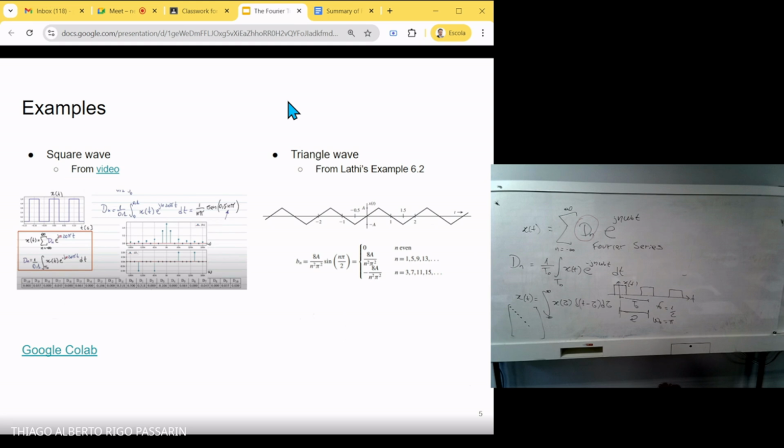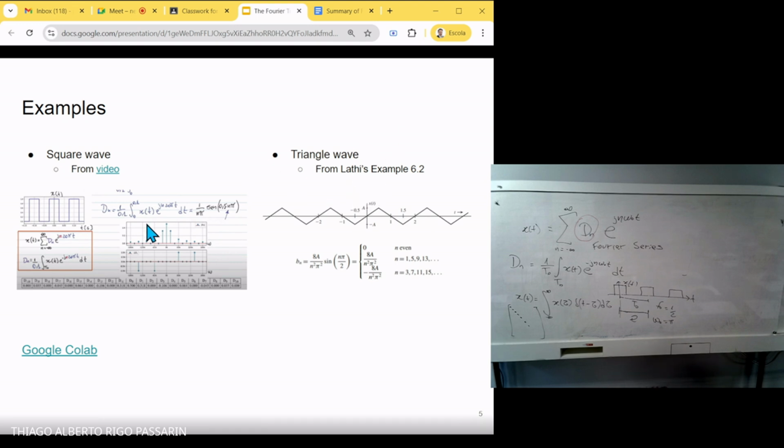First, let's do 2 examples. This is a square wave from a video I have on YouTube. It's in Portuguese. I have a video about the Fourier series. And this is a triangle wave from Lathi's book.